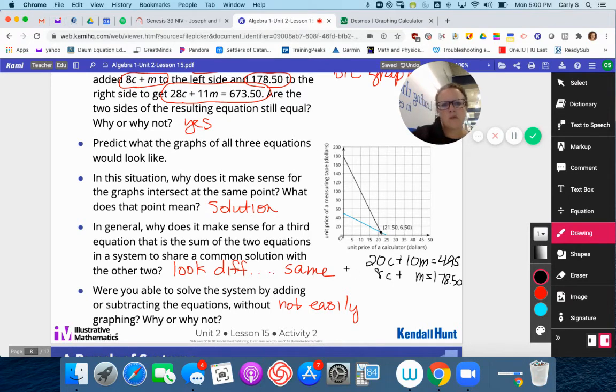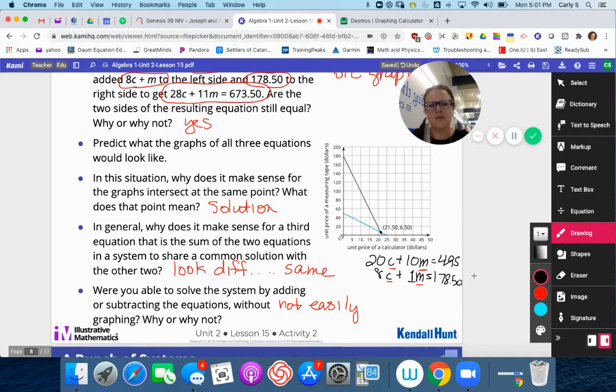Yeah. I don't have any terms that have the same variables and the same coefficients. My C's are 20 and 8. My M's are 10 and 1. Okay, they're not the same, so I can't just add them together to eliminate one of the terms. Now, I know what I want to do with this. I just don't want to jump the gun.